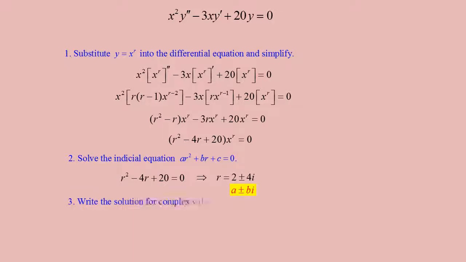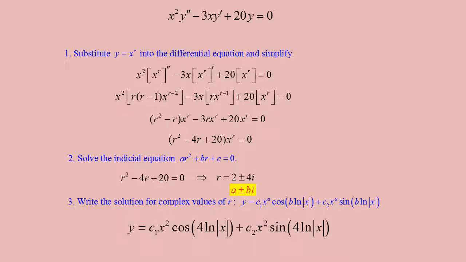The two complex roots indicate the solution to the differential equation is a c times x to the 2 cosine 4 times ln of x, and likewise with the sine.